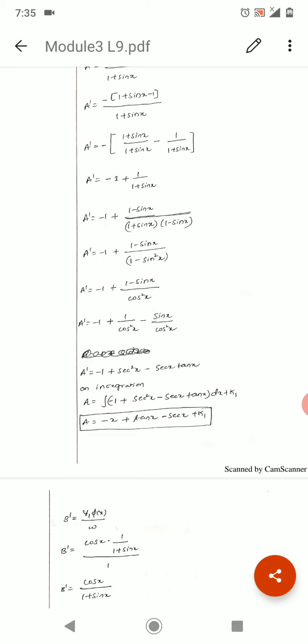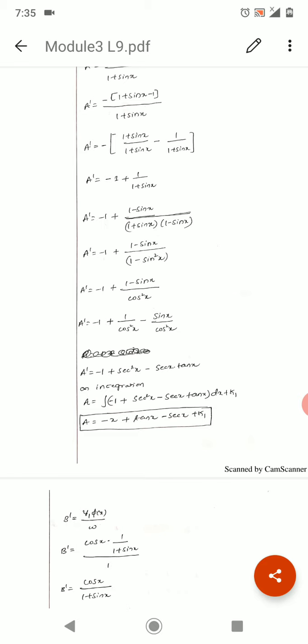Finally we get A' = -1 + 1/cos²x, which is sec²x, minus sin x/cos²x, that will become sec x tan x. On integration we obtain A = ∫(-1 + sec²x - sec x tan x) dx + k1.